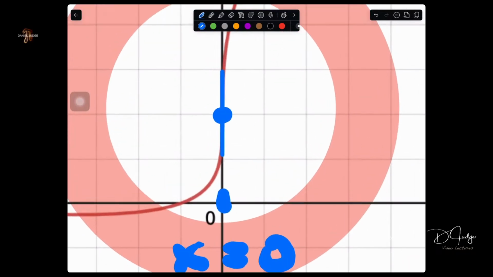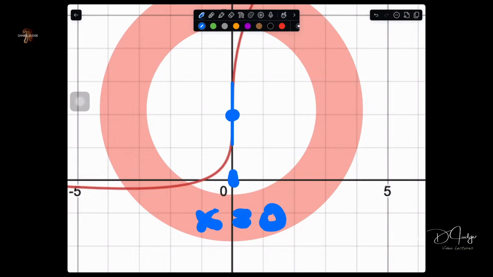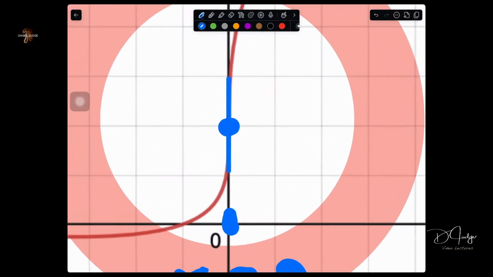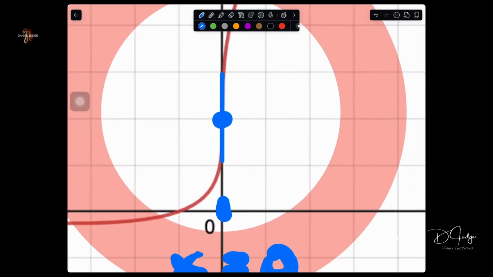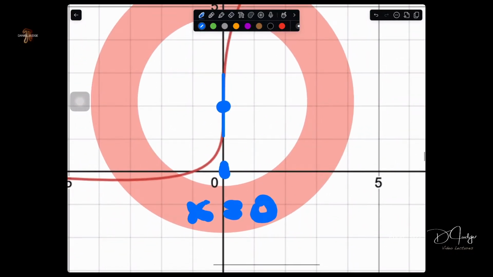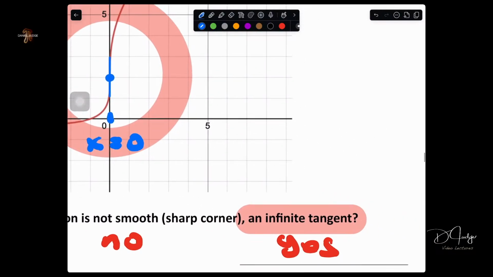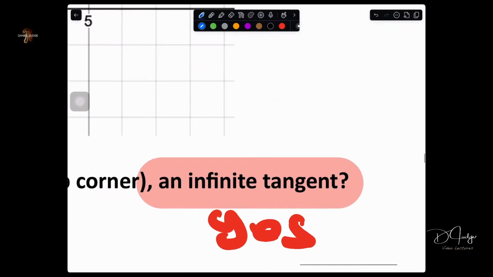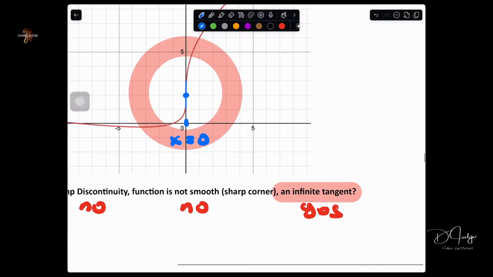This is what I mean by that. Up and down is vertical. It has to be strictly up and down, not slightly up and down, strictly up and down.